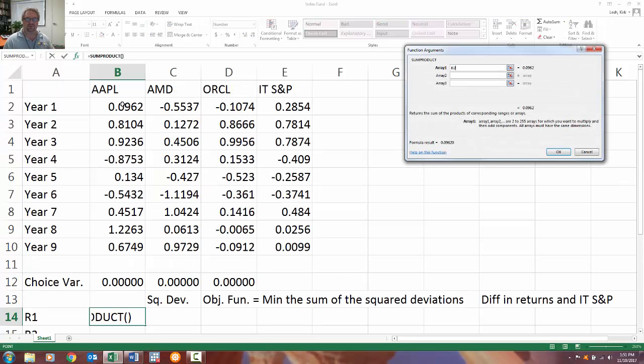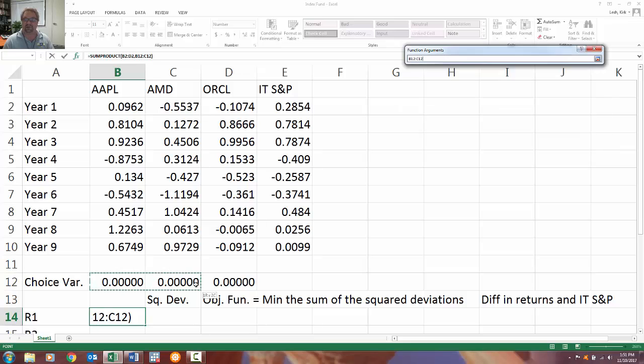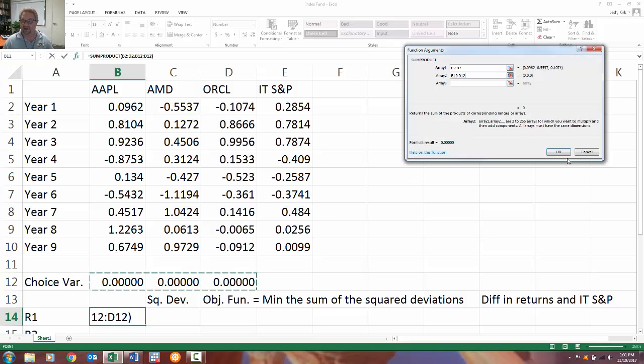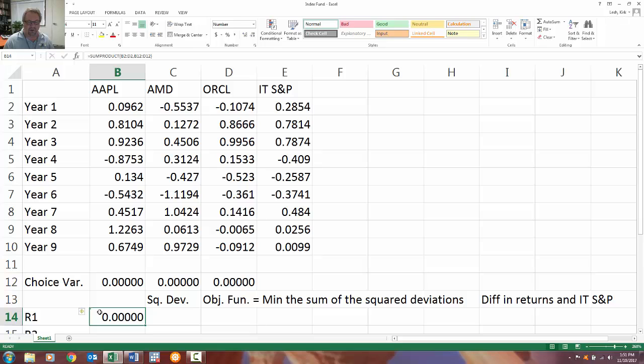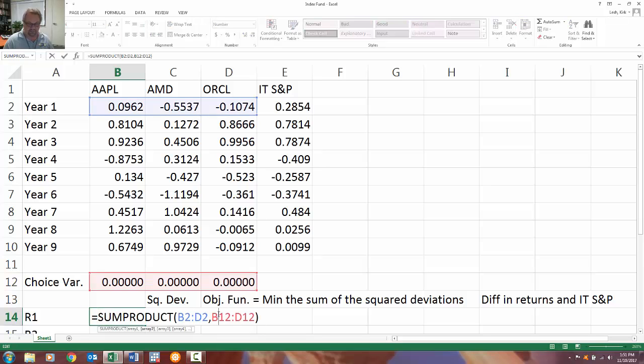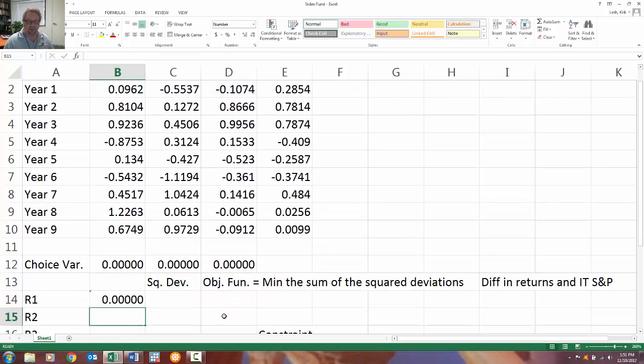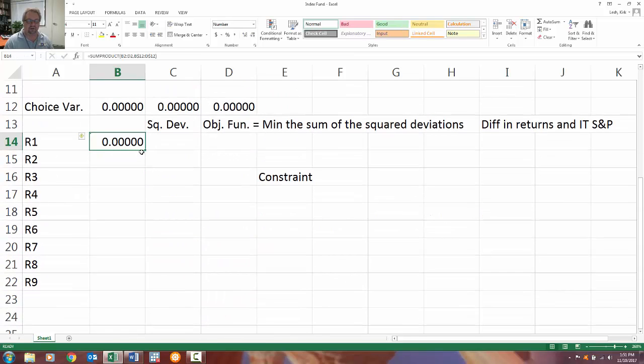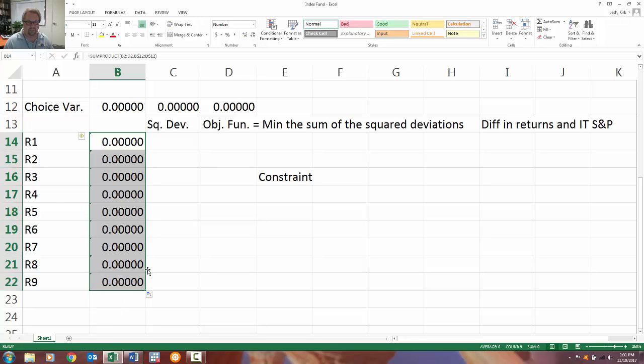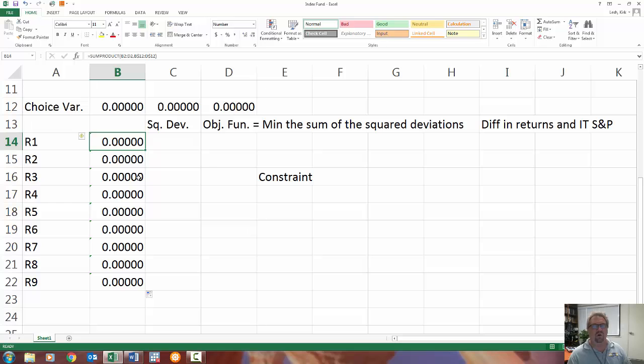If I get the returns in year one, this is what I'd get, and then multiply that by how much I'm investing in each stock. And then I want to anchor my choice variables here, and then I just want to copy this down. Okay, so this is what I would get if each of these scenarios occurred.